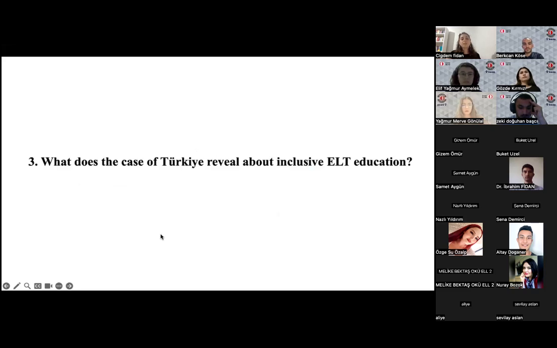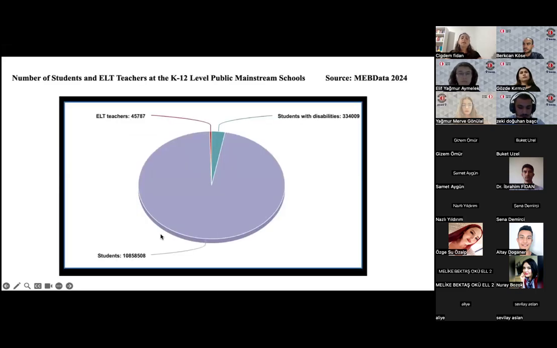So what does the case of Turkey reveal about inclusive ELT education then? In Turkey, based on the data from the Ministry of National Education, there are over 10 million students at K-12 level schools, and there are almost 50,000 ELT teachers. And in K-12 mainstream schools, there are tons of students with disabilities.